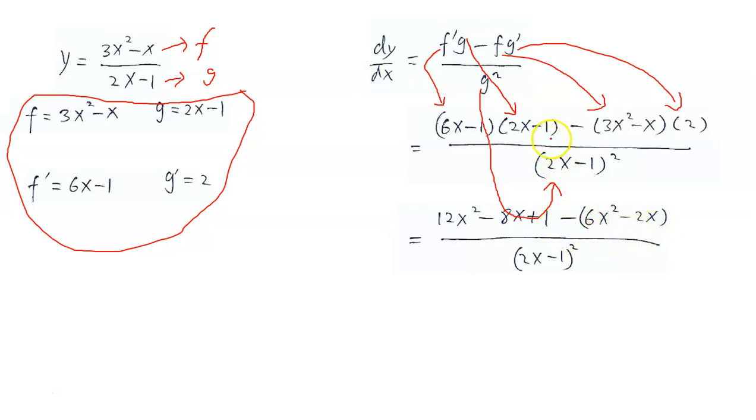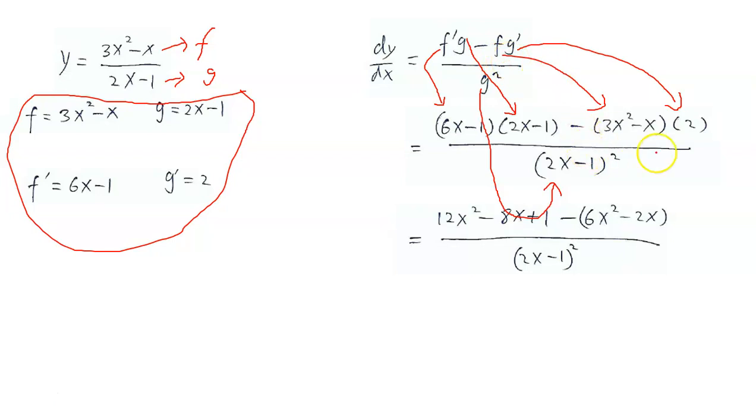Now be very careful, since here is minus, you cannot change the sequence. You cannot write fg prime minus f prime g. It always starts from the derivative of the numerator times the denominator, minus the numerator times the derivative of the denominator.